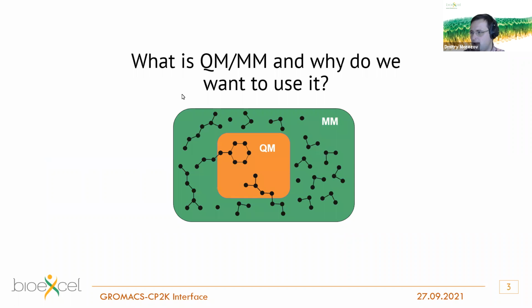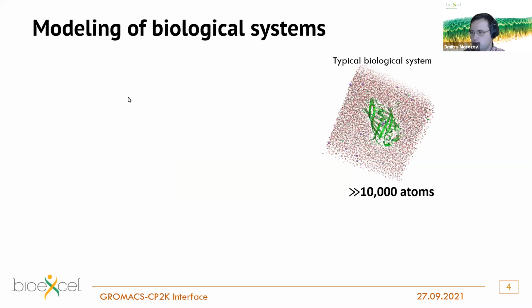So what is QMMM, why do we want it, and how can you use it? When you are talking about modeling of biological systems, which is where QMMM basically started, you look into a typical biological system model, some protein, DNA, whatever. You usually perform simulations in a box of water, so in a droplet of water.